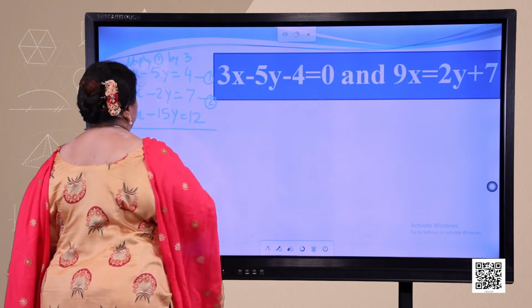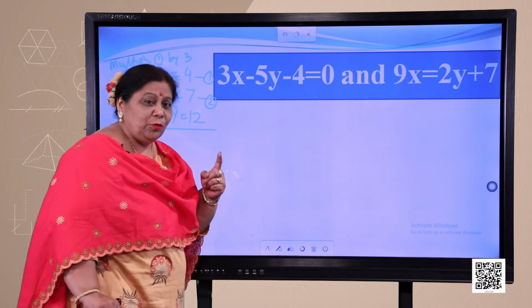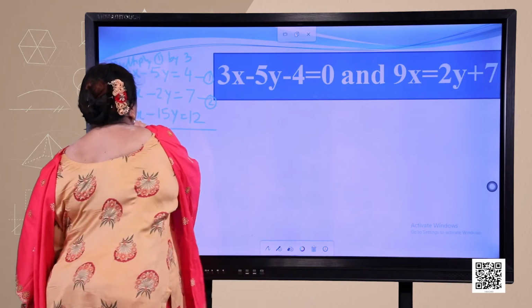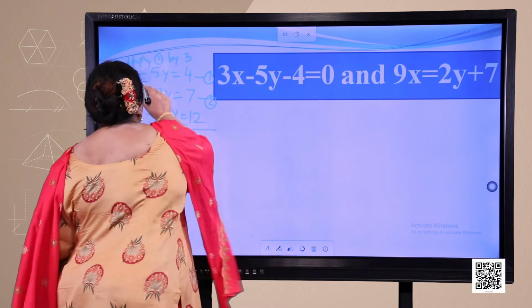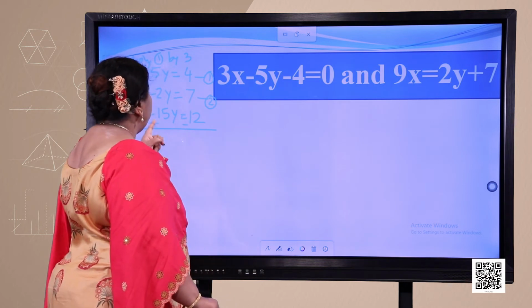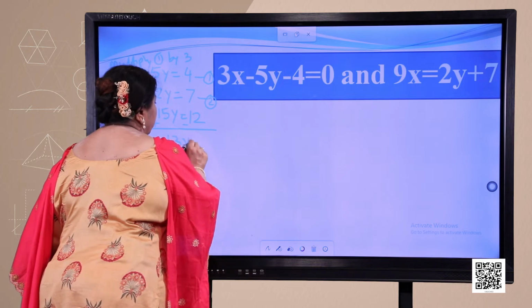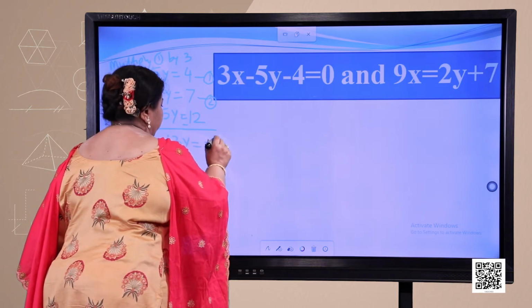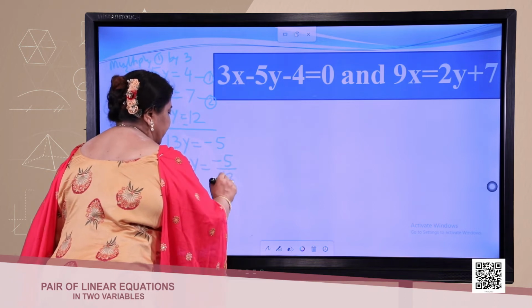Now, these two equations, if we have same sign, what I said we have to do, subtract. So, same sign subtract. In subtraction all the signs will change. 9x minus 9x gets cancelled and I have minus 2y plus 15y, that gives me 13y is equal to minus 5, or y is equal to minus 5 upon 13.